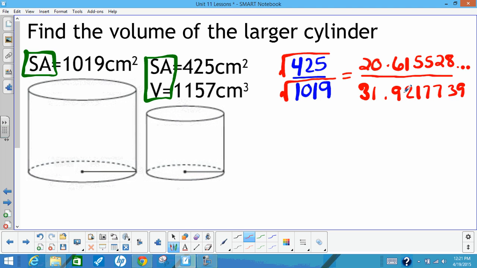We've approximated it because I haven't copied the entire decimal. I would have to round. In order to get our ratio of volumes, we would take the scale factor and we would cube the top and the bottom. Remember, the volumes is the cube of the scale factor. So in your calculator, you might want to do the square root of 425, get this decimal, and then just press cubed to get the exact answer.